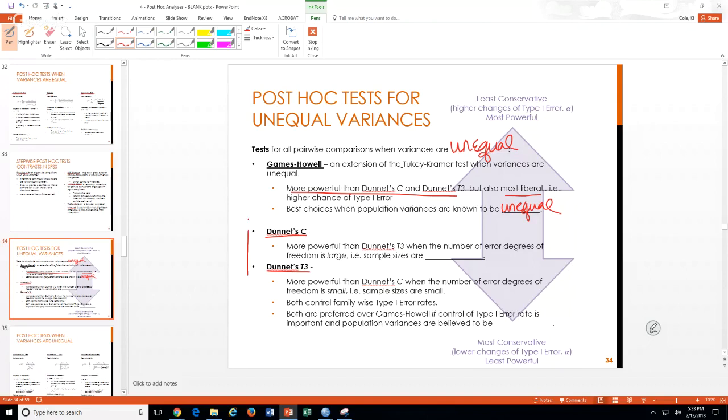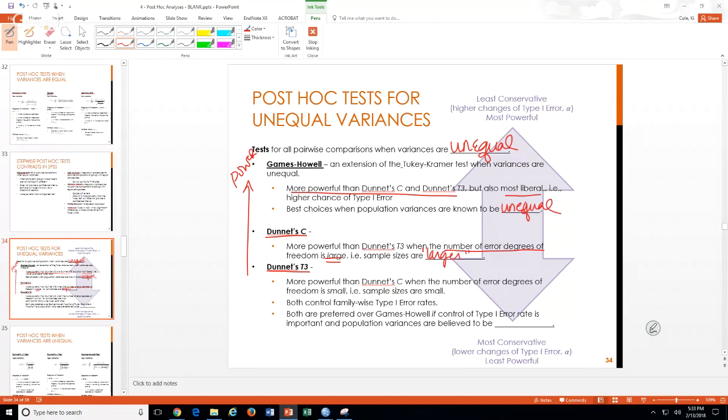Dunnett's C is less powerful than Games-Howell, but more powerful than the T3 when the number of error degrees of freedom is large, or the sample sizes are larger.